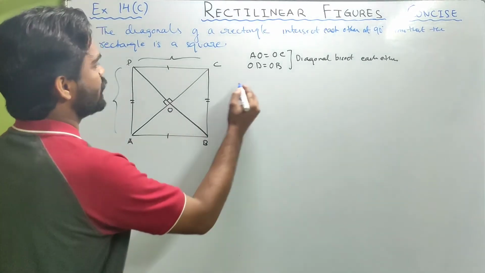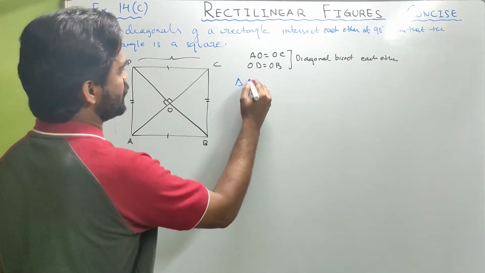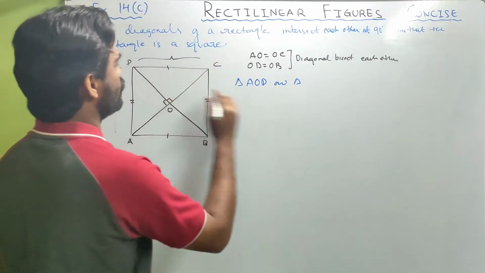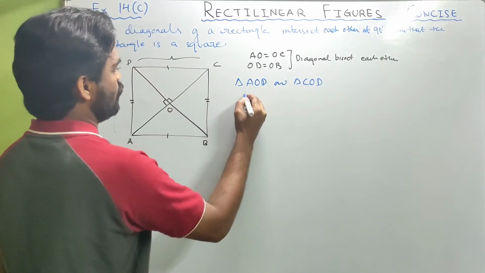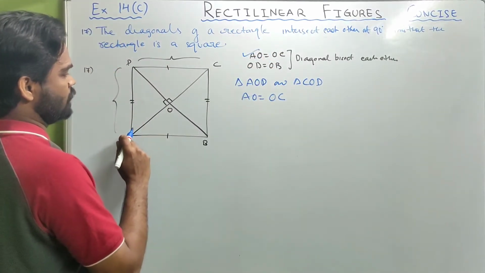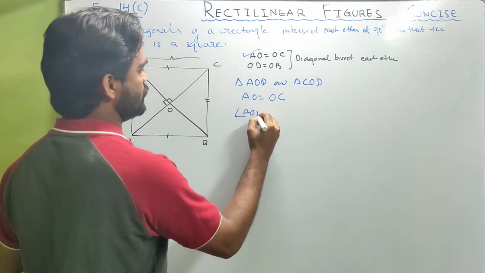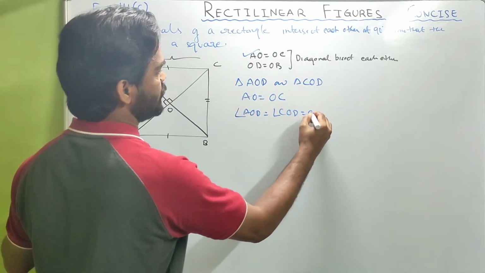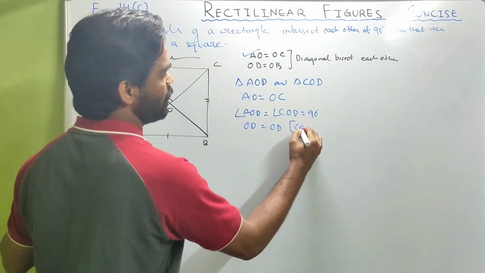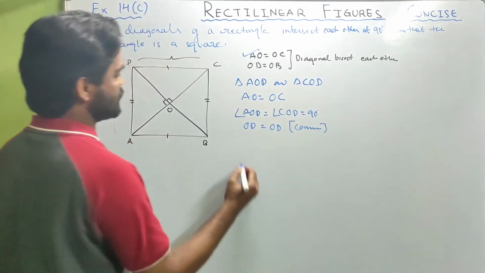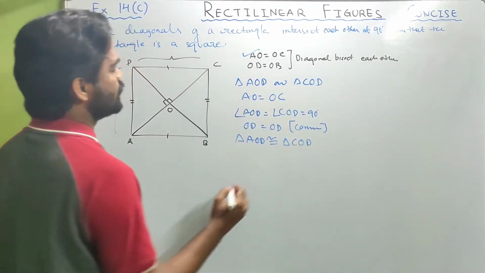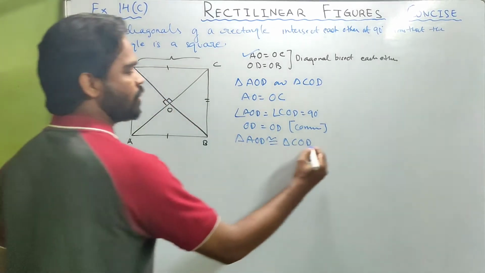Just look over here. In triangle AOD and triangle COD, AO is equal to OC, isn't it? Angle AOD is equal to COD, that's 90, it was given to us. OD is equal to OD, that's common, which means triangle AOD is congruent to triangle COD by the SAS property.